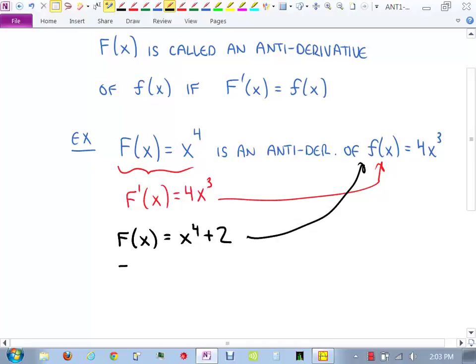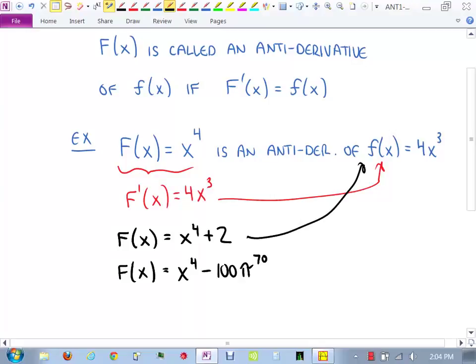In fact, I can take x to the fourth minus 100 pi to the 70th power, right? 100 pi to the 70th power is a constant. When I take the derivative of that, I get 4x cubed. Right?